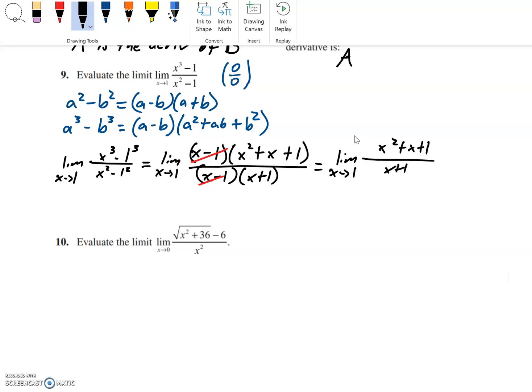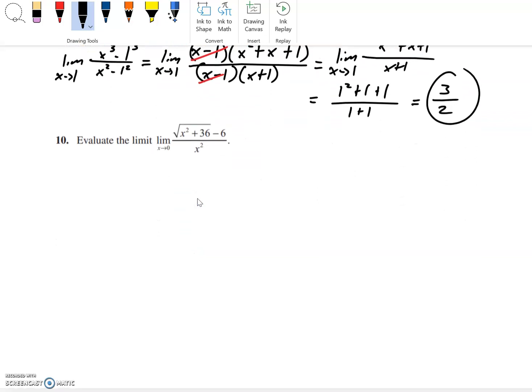And hey, I can just plug that in, right? No problem plugging in 1. So we get 1 squared plus 1 plus 1 over 1 plus 1. All right, so at the top I get 3, and the bottom I get 2. Bingo, bango, bongo. Right, so we got our little algebraic tricks to help us out here. Properties, I guess we'd call them, but they're tricks.